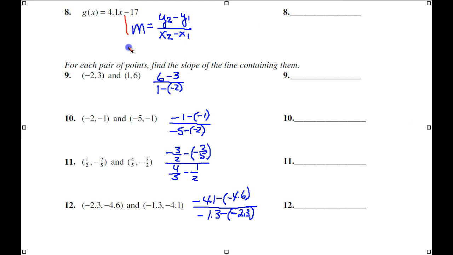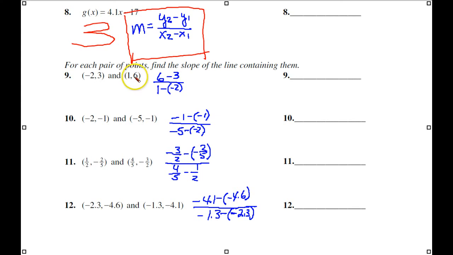Okay, now as we look at these, this is our basic slope formula. This is formula number 3. It's y sub 2 minus y sub 1 over x sub 2 minus x sub 1. So what I like to do is to designate the second set of ordered pairs as your sub 2's.